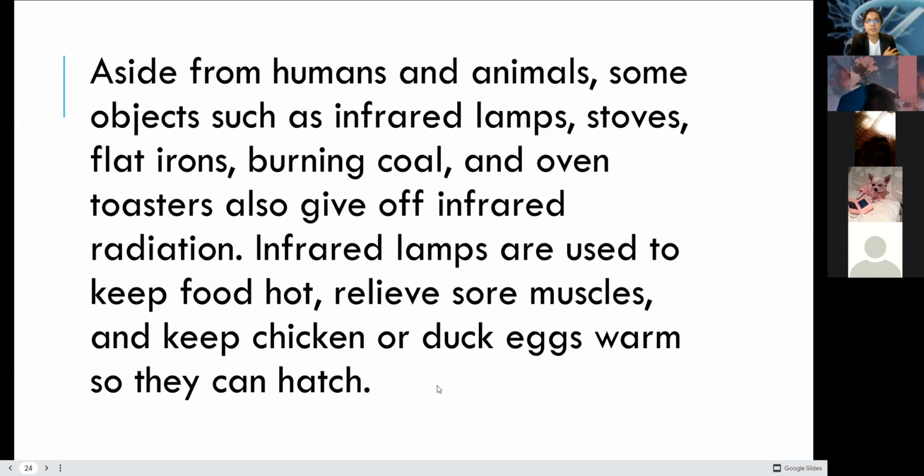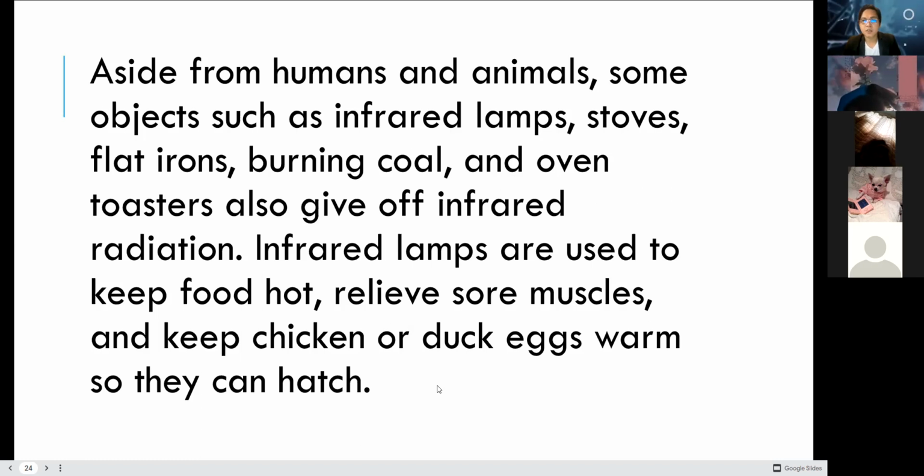That's why you can actually feel heat inside. Although it is not directly hitting you, direct sunlight, you can feel that it becomes hotter and hotter because of this infrared radiation or infrared waves. That's the reason behind.